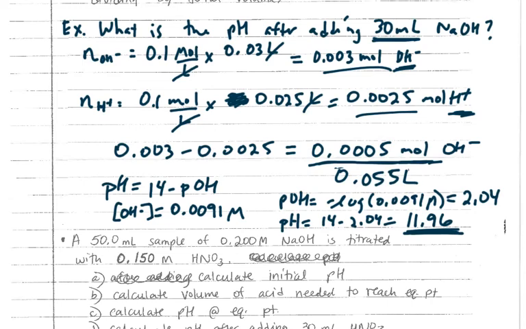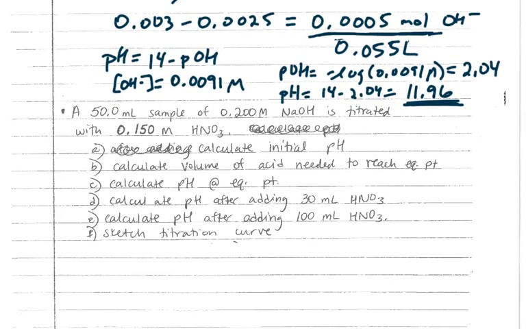All right, so here is another titration problem. Another strong base and strong acid. We have a 50 ml sample of 0.2 molar sodium hydroxide. So this is our sample. This time we have the base in the flask. This is our 0.200 molar sodium hydroxide, and we have 50 milliliters of it.